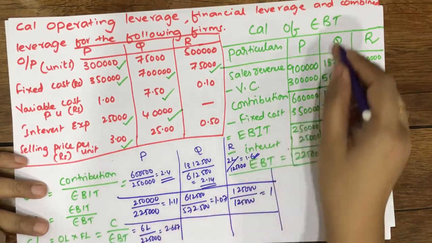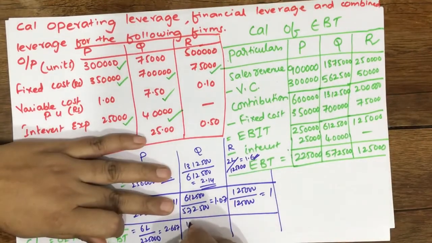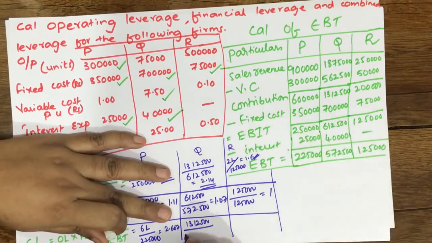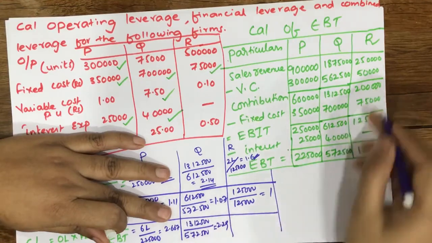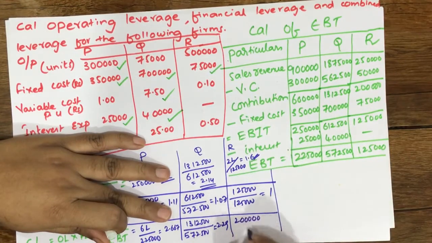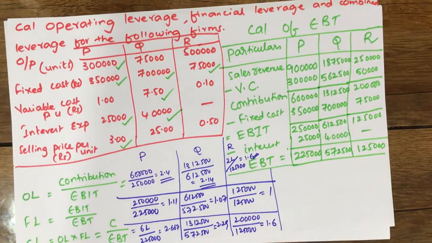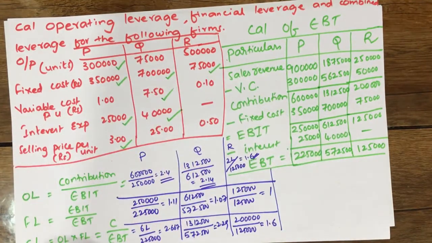Then firm Q, contribution is 13,12,500 divided by EBT 5,72,500, which is equal to 2.29, whereas for the last one, 2 lakhs divided by 1,25,000 is equal to 1.6. So this is how operating leverage, financial leverage and combined leverage can be calculated when data relating to three different firms is given like this.